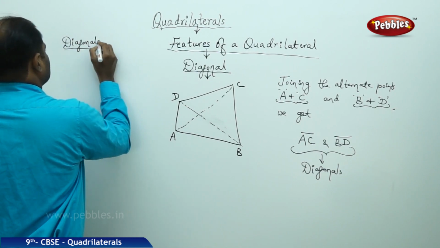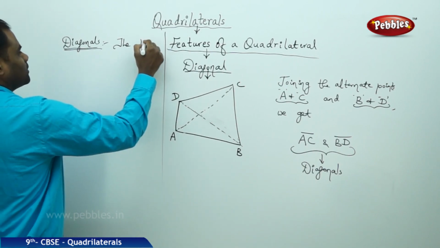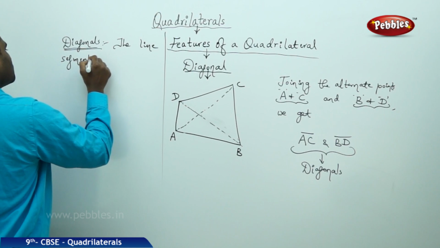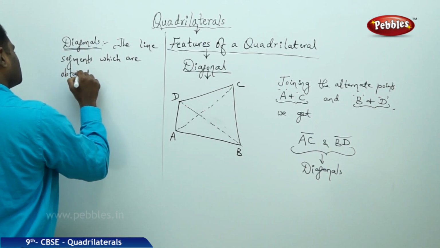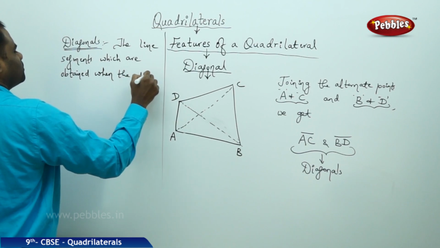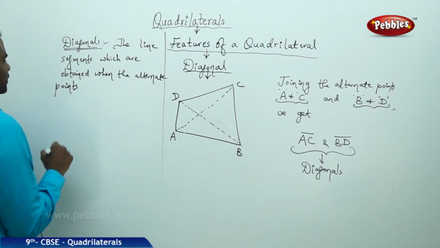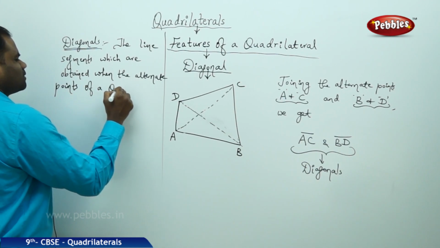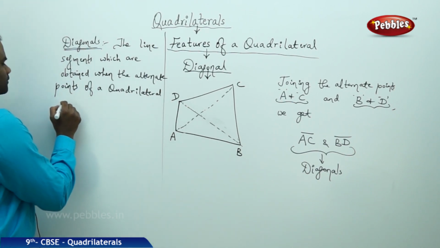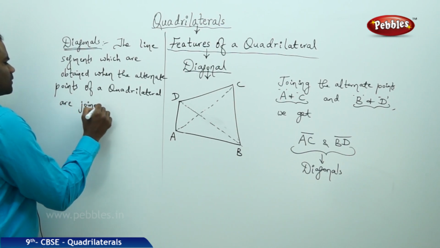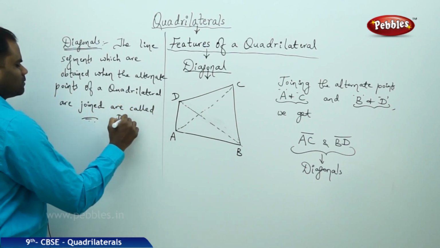So in this case, diagonals are defined to be the line segments which are obtained when the alternate points of a quadrilateral are joined, and are called diagonals.